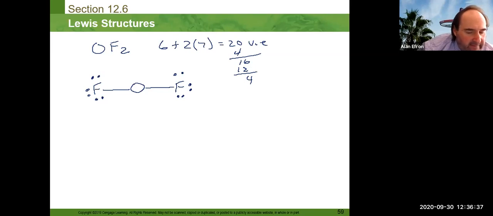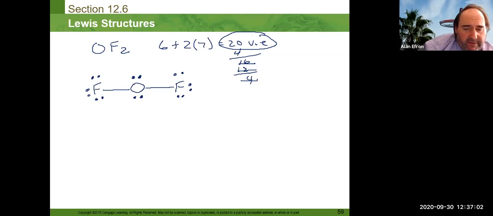Now that I filled up everybody on the outside, I go to the center, and it goes on as dots or pairs of electrons. So that's 2 and 4, taking care of all that. We have now put on there hopefully 20 electrons: 2, 4, 6, 8, 10, 12, 14, 16, 18, 20.